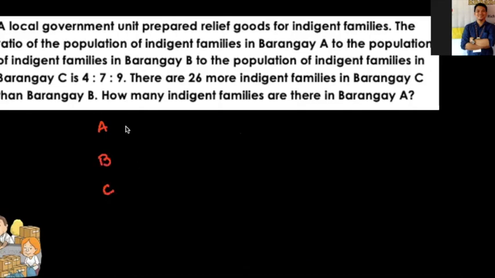So let's represent that. We have Barangay A, Barangay B, and Barangay C. For Barangay A, it corresponds to 4 units. Take note, it's important for you to write the ratio properly because here it was mentioned that it's from A to B to C. So this is from A to B to C as well. For Barangay B, there are 7 units.